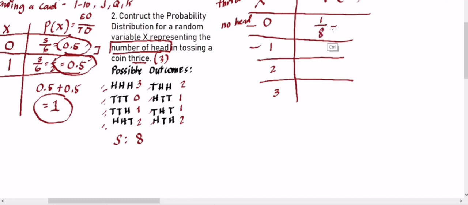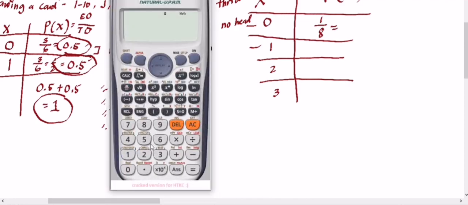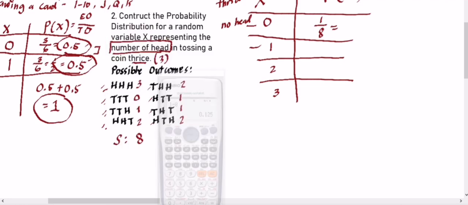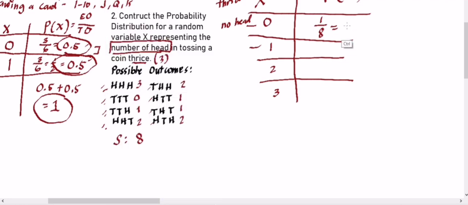Okay, pagka divide natin yan, 1 over 8, sa calculator natin, 1 divided by 8. Gawin lang natin decimal para madali tayo makapag-add. That is equal to 0.125. So, lagyan natin dito, 0.125. Let us proceed with 1.